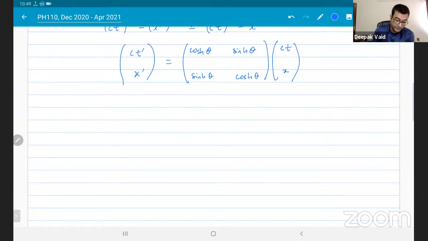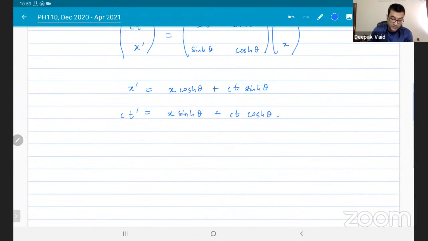Okay. So finally, I have x prime is equal to x times cosh theta plus ct sinh theta. ct prime is equal to x times sinh theta plus ct cosh theta. Okay.